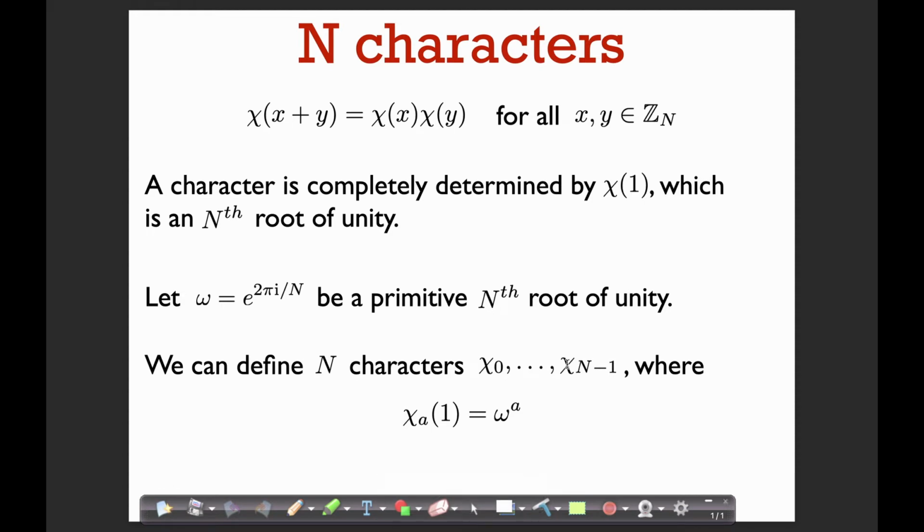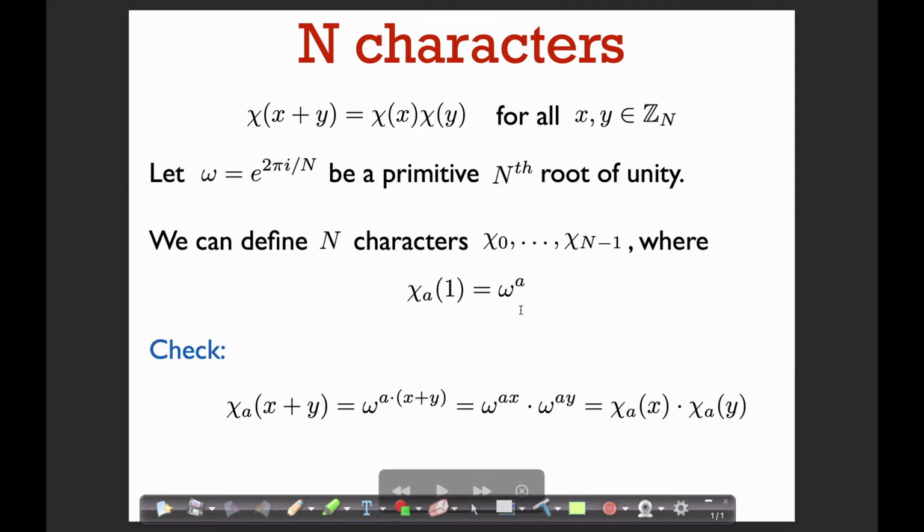Okay, so let's just explicitly check that this definition works. If we look at chi a of x plus y, that's just omega to the a times x plus y. And now distributing here, this is omega to the ax times omega to the ay, which is indeed chi a of x times chi a of y. So this definition does indeed satisfy the property of a multiplicative character.